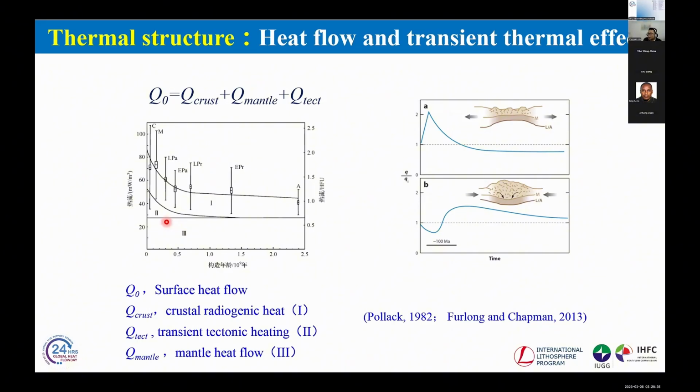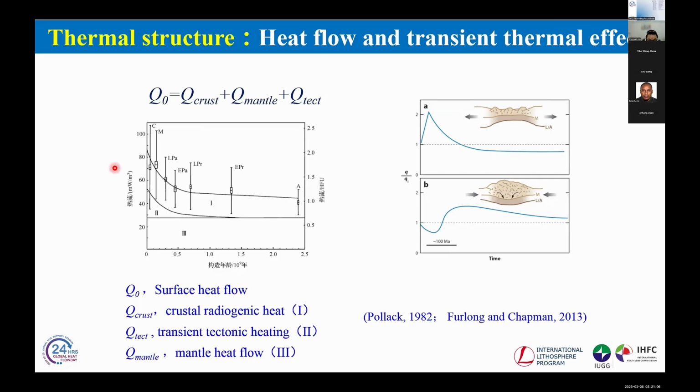Usually for cratons like the Superior and East European cratons, the heat flow from the mantle is near 15 to 20 milliwatts per square meter, while for young orogenic belts or rifting basins such as the Bohai Bay Basin or the Alpine orogenic belts, the mantle heat flow could be as large as 15 milliwatts per square meter.